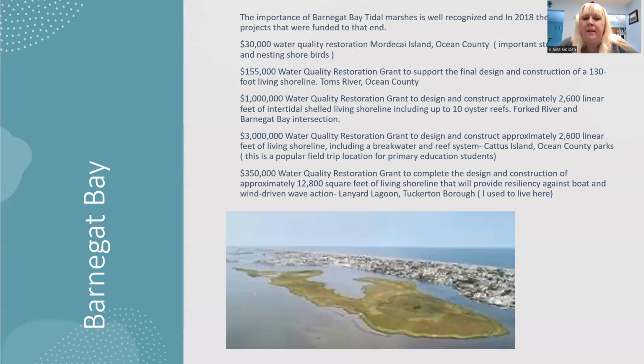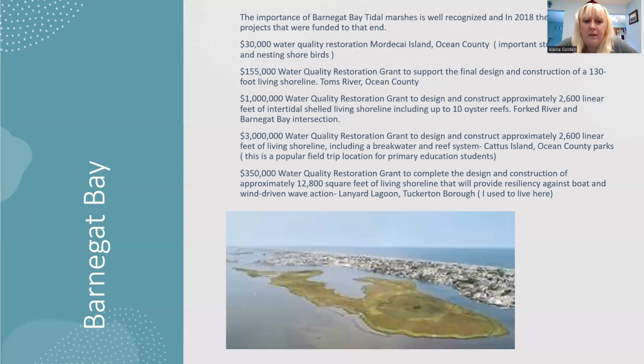Then $1 million water quality restoration grant to design and construct about 2,600 linear feet of intertidal shelled living shoreline, including 10 oyster reefs. With Reclaim the Bay and adding oysters to these areas, that's also going to help with water quality. And that's in a place called Forked River. I don't know why they pronounce it that way, but we call it Forked River, at the intersection of Barnegat Bay and those two waterways.